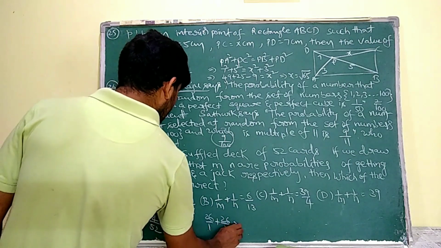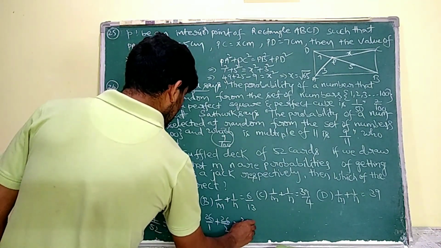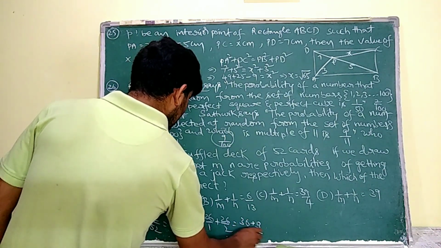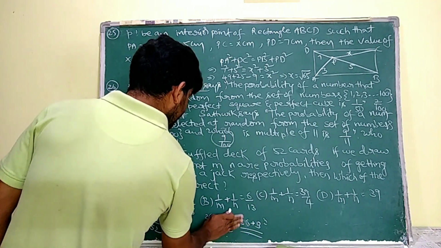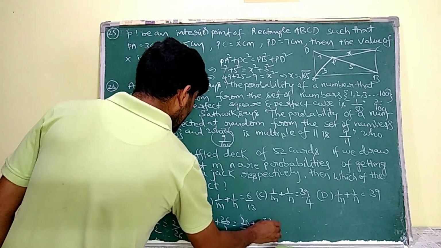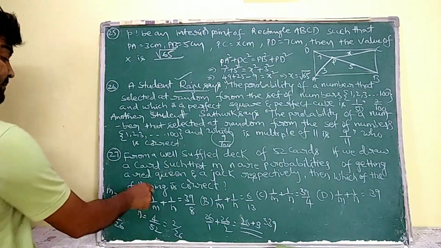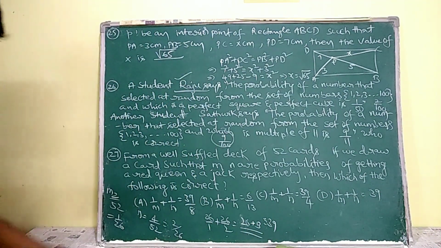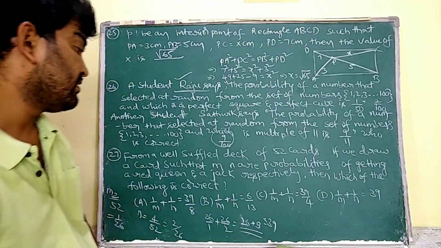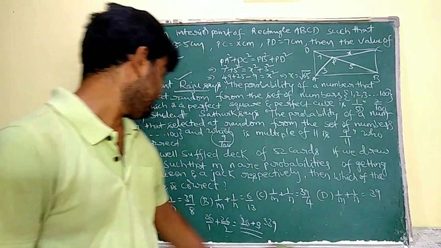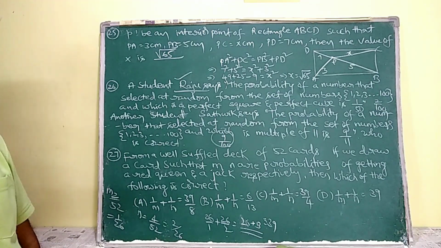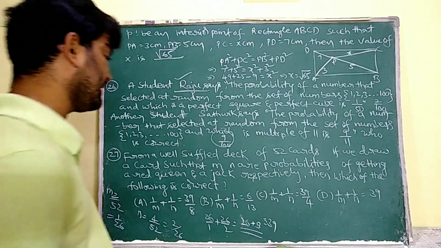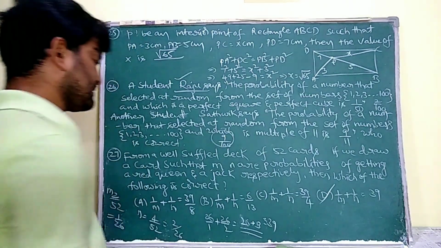So 39 by 8 is wrong. 39 by 4 he gave, that is also wrong. Understand? So 1 by M plus 1 by N is equal to 39. So this is the right answer.